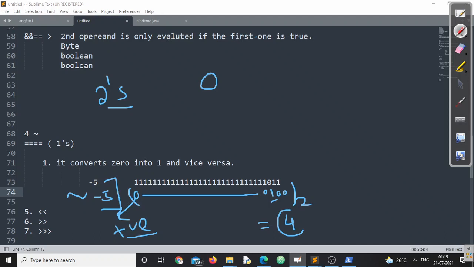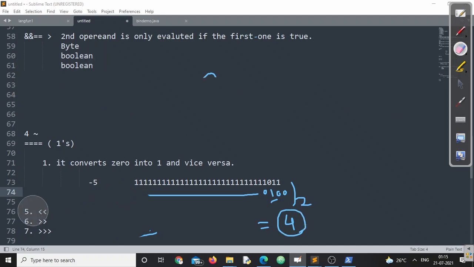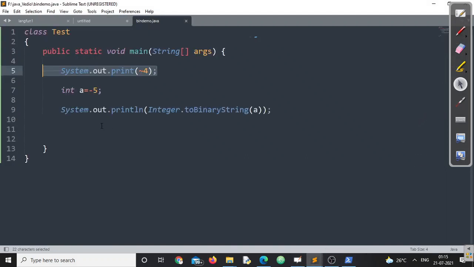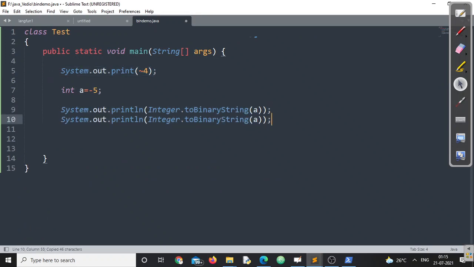So let's find out. If we operate on minus 5, the value should be 4. Let us see what my compiler says. This is the minus 5 representation, and if I am right, let me write one's complement of a. Let's find out.